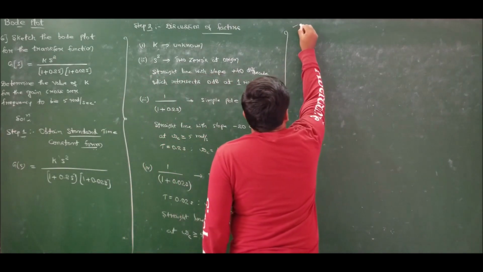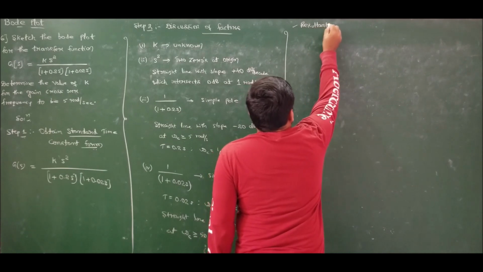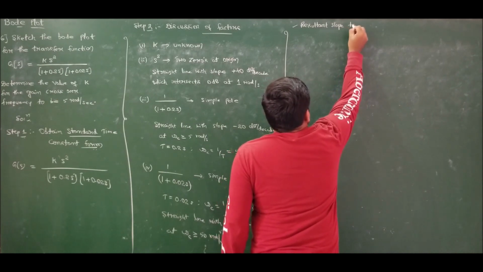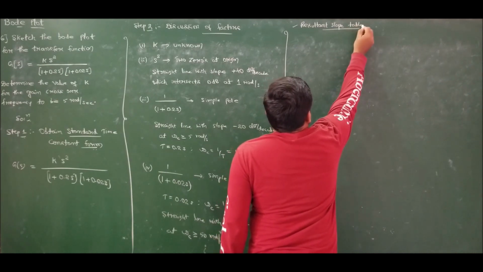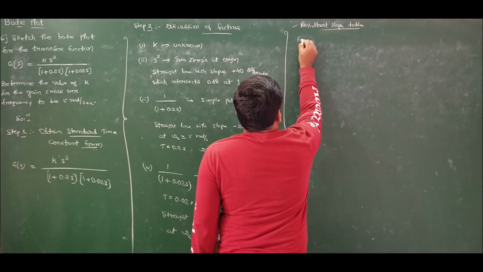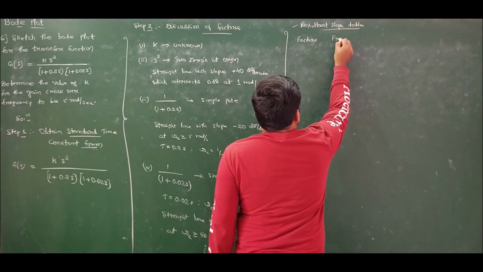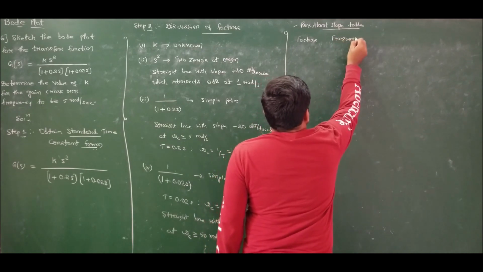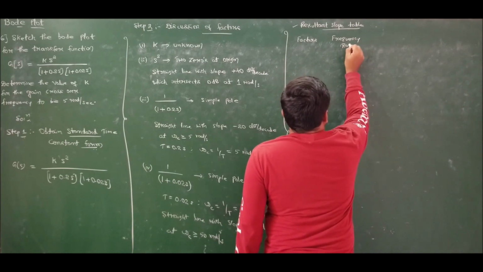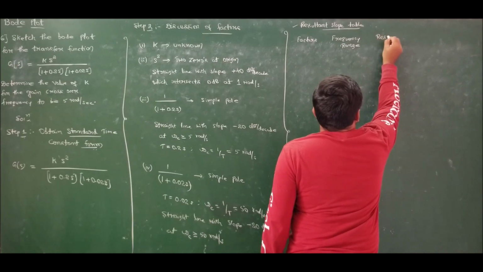In the resultant slope table, first we have factors, then we have frequency range, and finally we have resultant slope.